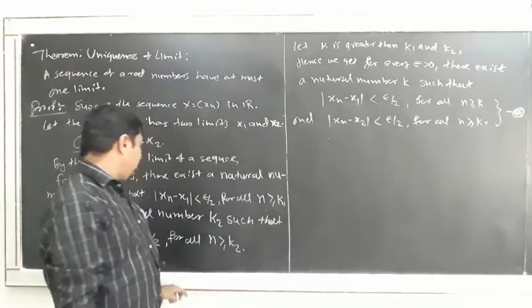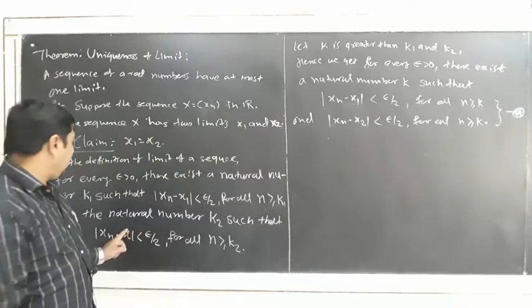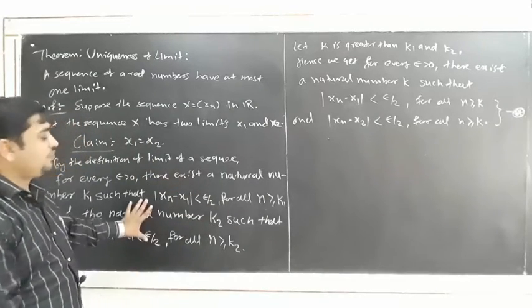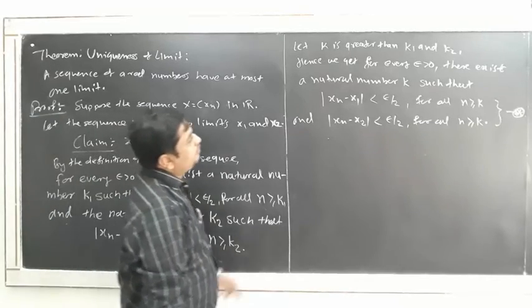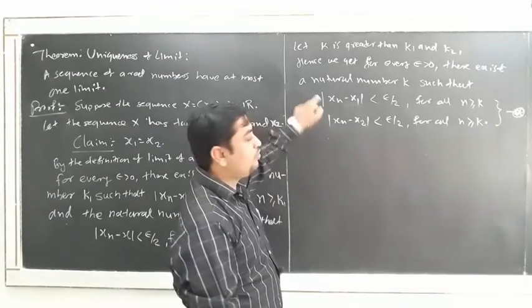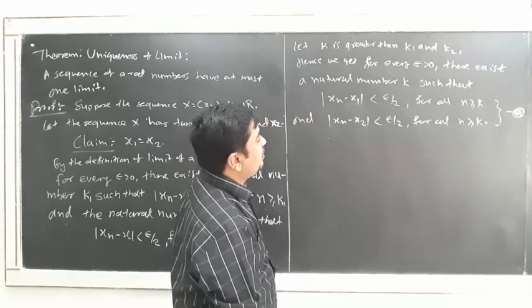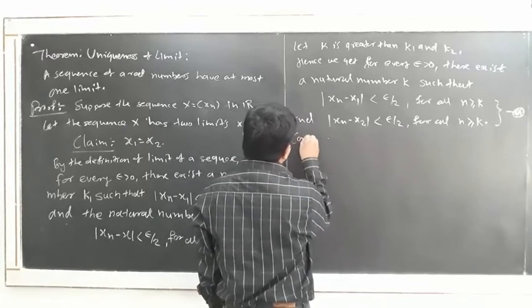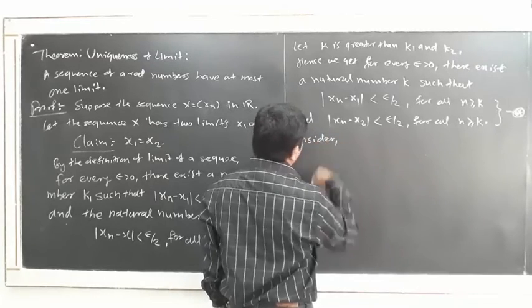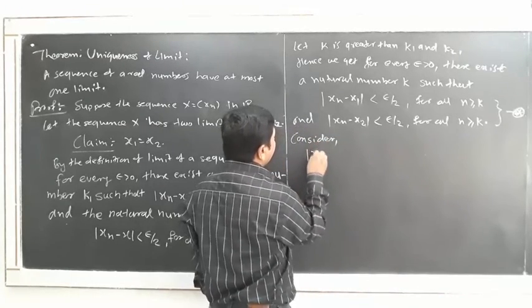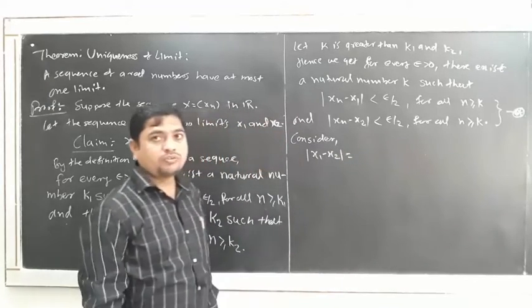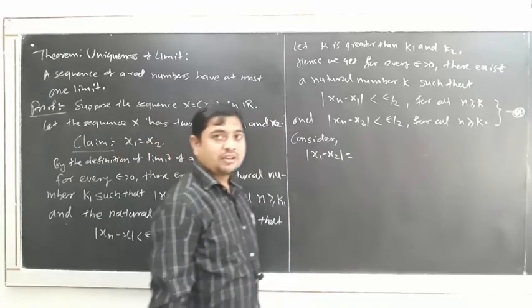That means we choose k greater than both k1 and k2. So this definition is written in the form of k again. Now we have to prove x1 is equal to x2. For this, consider mod of x1 minus x2.